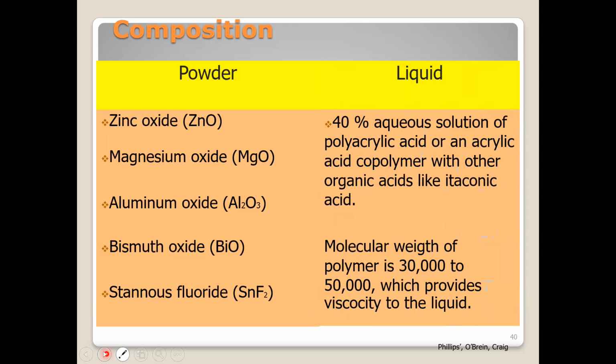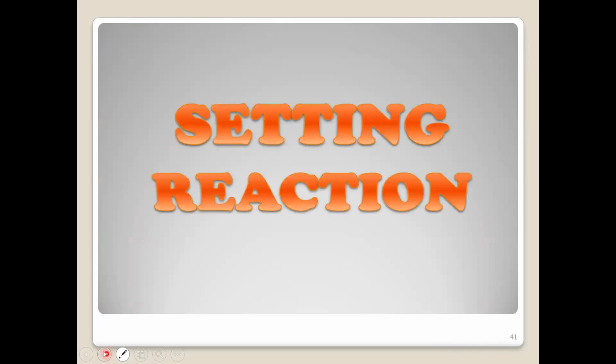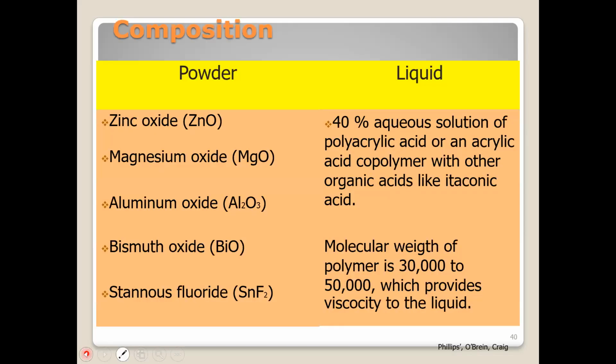So what this does is it increases the molecular weight of the polymer when we are copolymerizing it with other acids like itaconic acid. It increases the molecular weight of the polyacrylic acid and provides viscosity to the liquid.